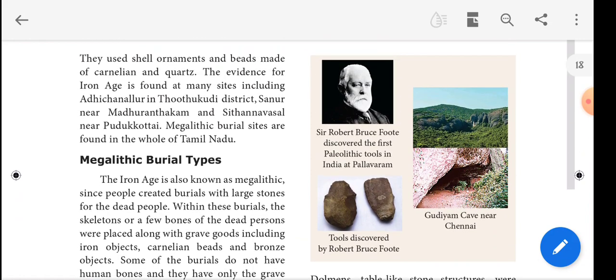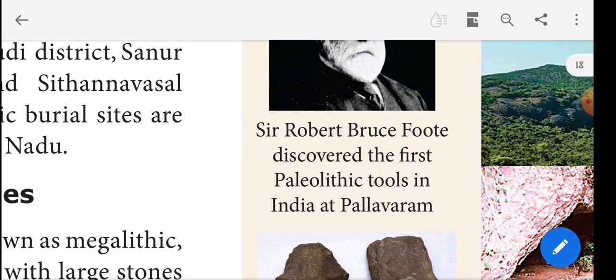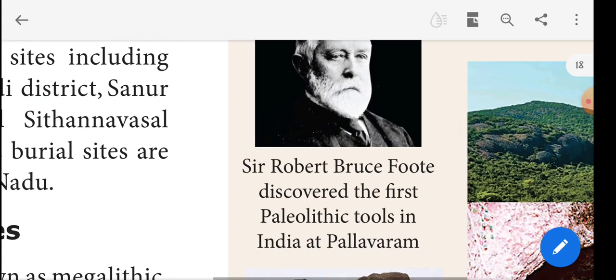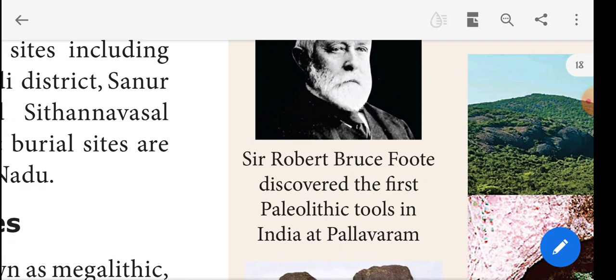So here Sir Robert Bruce Foote, we are studying the Paleolithic, that means the Stone Ages, and we divided the Stone Ages into 3. So it was divided by Sir Robert Bruce Foote, and he also discovered the Paleolithic tools in India, particularly in Pallavaram.